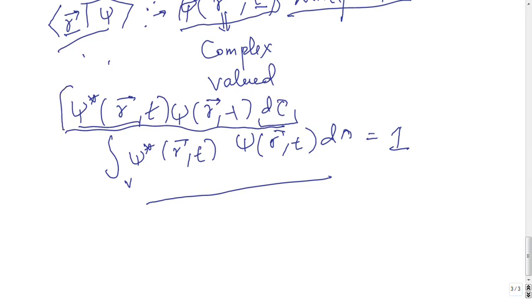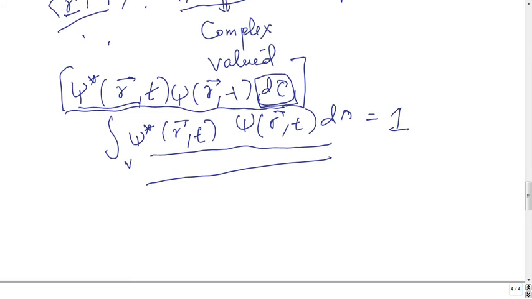This can be interpreted as a probability that the quantum particle lies in this volume element d tau only when the integration over the whole space is 1.